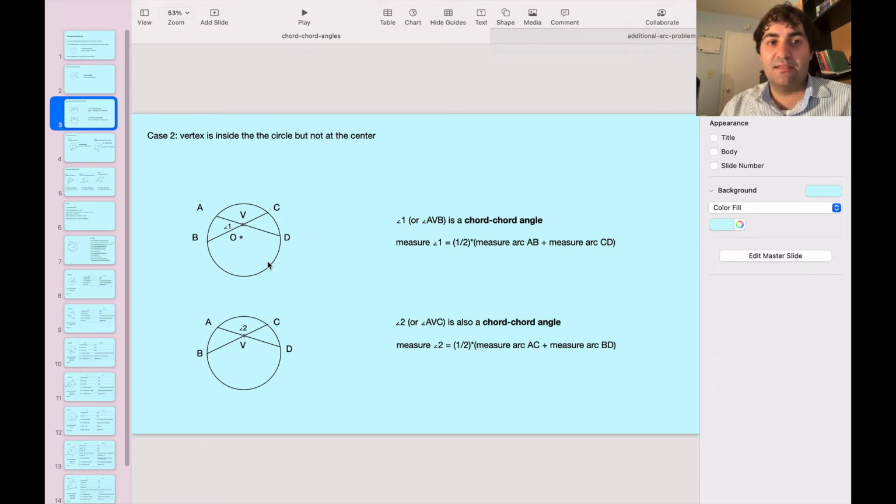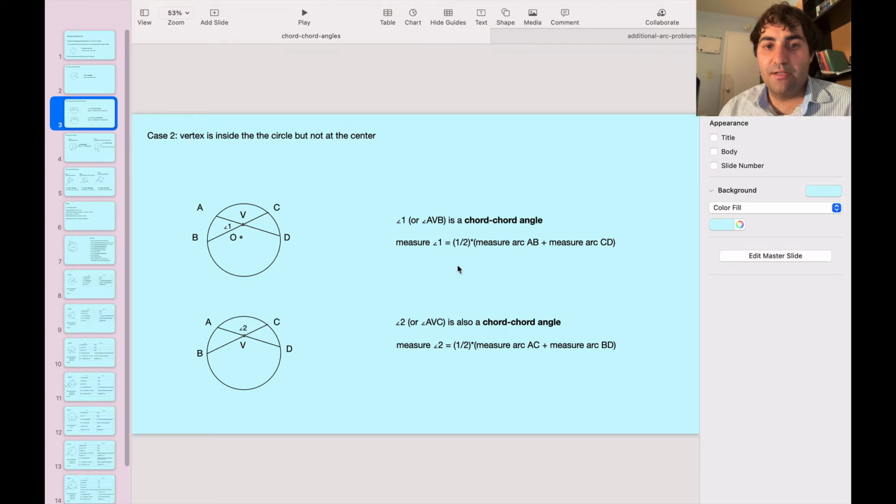Case 2: the vertex is inside the circle but not at the center. Here the vertex is point V, and angle 1 is a chord-chord angle. We call it that because the sides of the angle are both chords, AD and BC. Remember, a chord is a segment joining two distinct points on a circle.